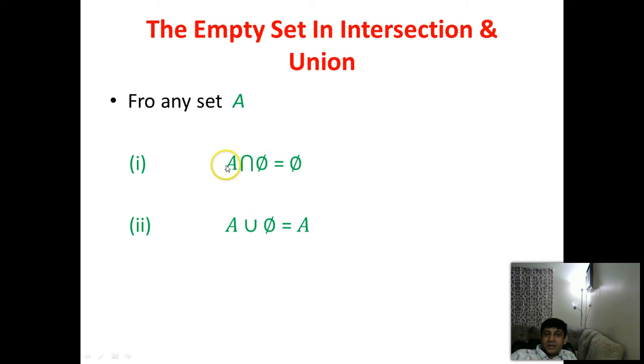A intersection with something which has nothing will have nothing in common. So A intersection the empty set is just the empty set. Now if we add the empty set to A, it will just be A. We will not be able to add anything into that one. These are sort of conceptual things. I think I included a couple of problems related to that in your homework. That's why I included this slide here.